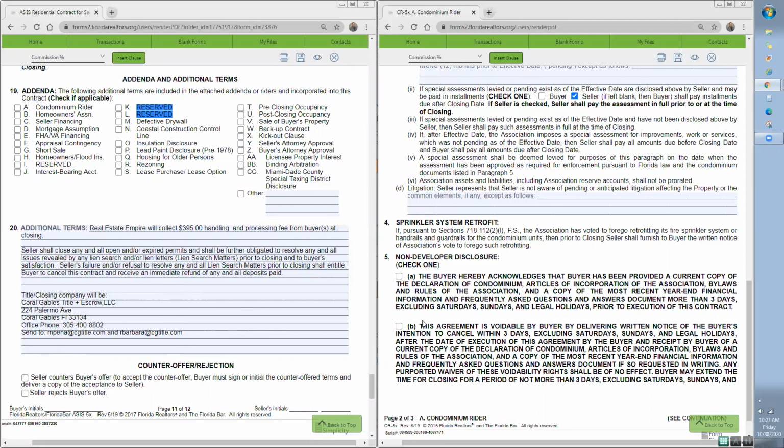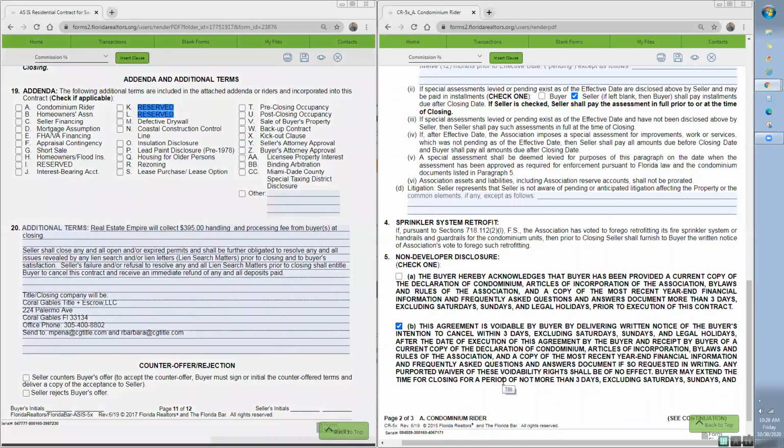And then the non-developer disclosure just basically says that the one we should check off is B, which says that the agreement is voidable by the buyer once they receive written documentation of the association documentation. The bylaws, what the budget is for the year, who the association representatives are, the articles of incorporation, all that information needs to be given to the buyer.